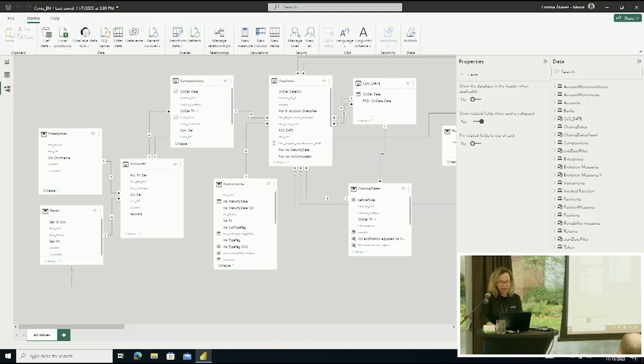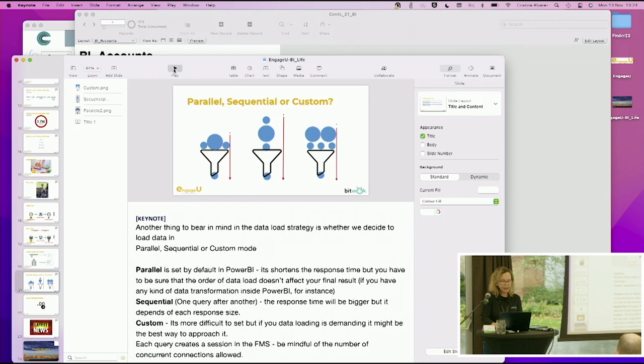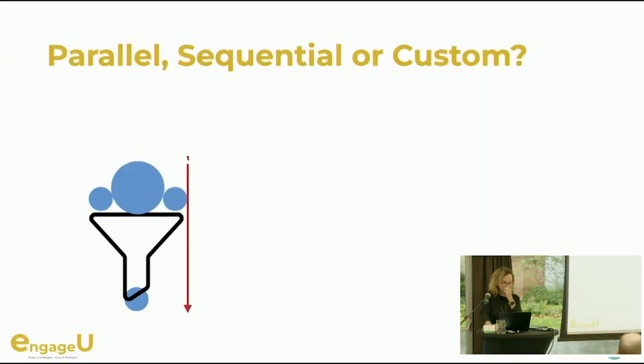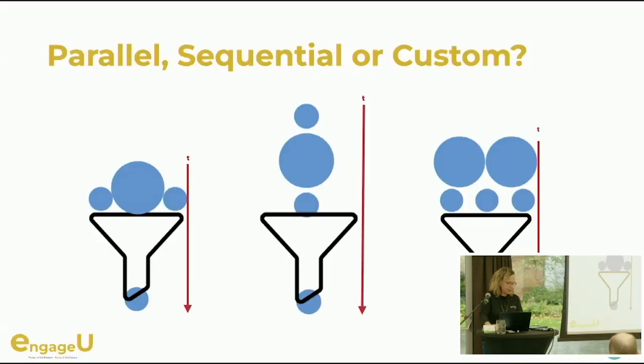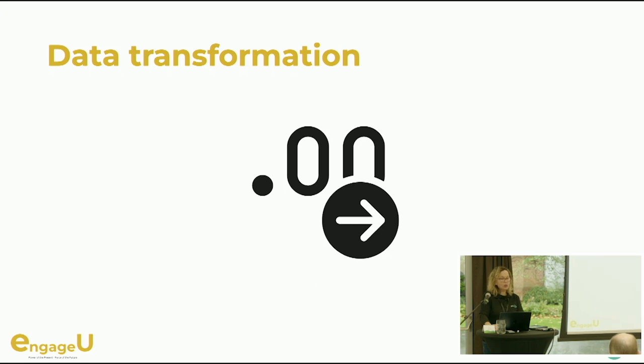So going back to the presentation again. And what about the data transformation? After your data is already loaded and refreshed in your Power BI, you may need to do some transformations.